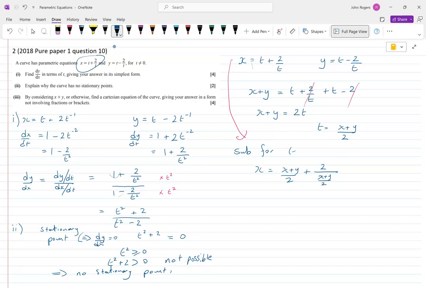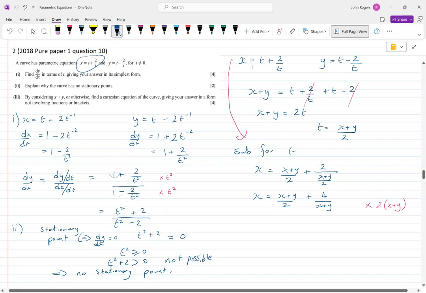I might get rid of the stacked fraction here first. So we could write x is equal to x plus y over 2 plus 4 over x plus y. And then I might times everything by 2 times x plus y to get rid of the fractions, including the left-hand side and right-hand side.